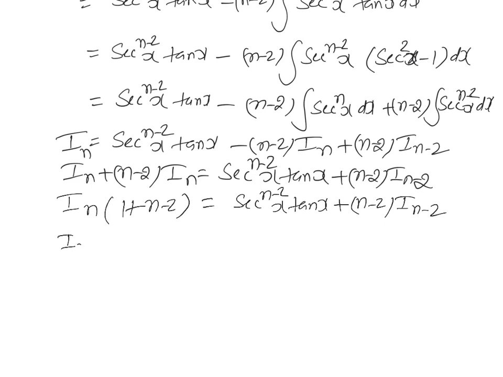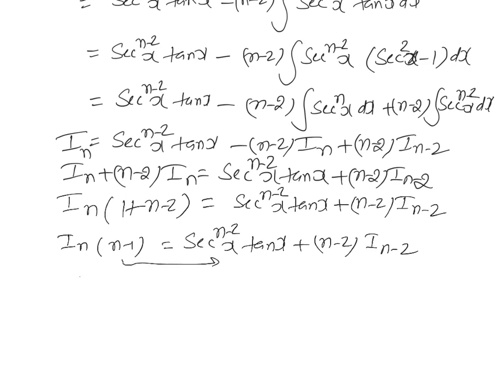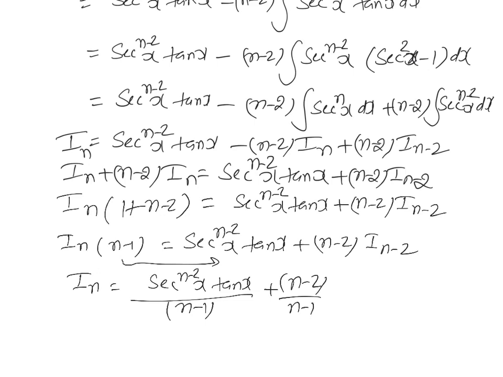So this is further (n-1) I_n is equal to secant^(n-2) x tan x plus (n-2) I_(n-2). This n minus 1 will go down there, so I_n is equal to secant^(n-2) x tan x divided by (n-1) plus (n-2)/(n-1) I_(n-2).